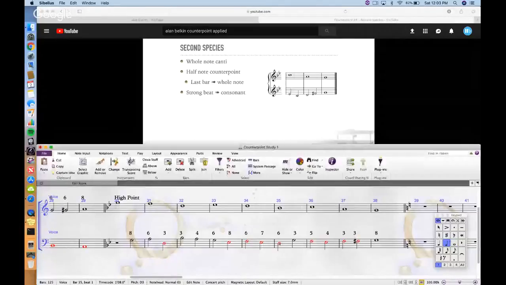I kind of want to change this so that it goes to a third there, and just kind of flip those two notes around. That takes away this ability for this to be a consonant or a dissonance, unfortunately. But, you know, that's okay.